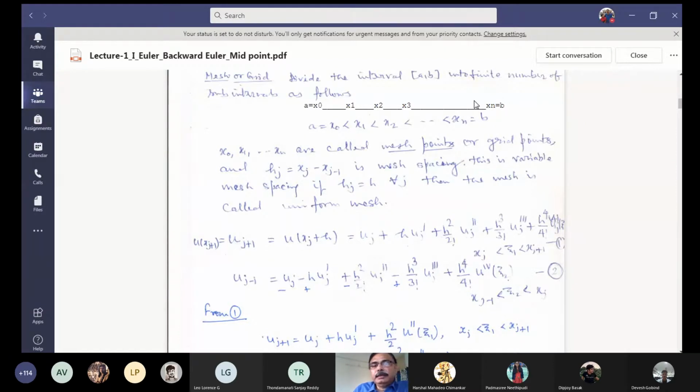Write down these points x1, x2, x3. Write down x1 equal to x0 plus h, where h equals b minus a by small n. So x1 is x0 plus h, x2 is x0 plus 2h and so on. Write down x_k equal to x0 plus kh.